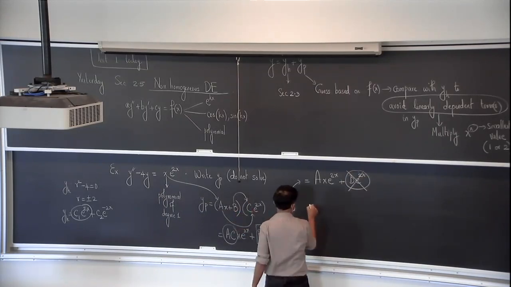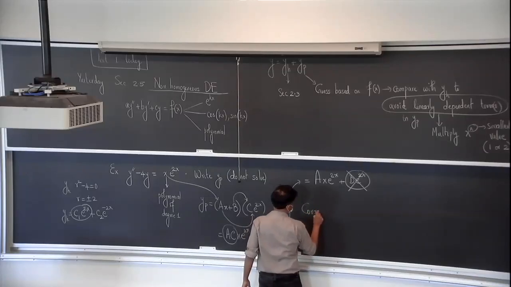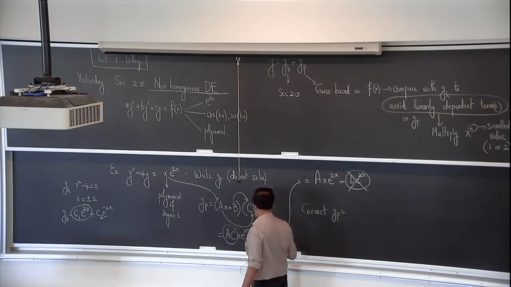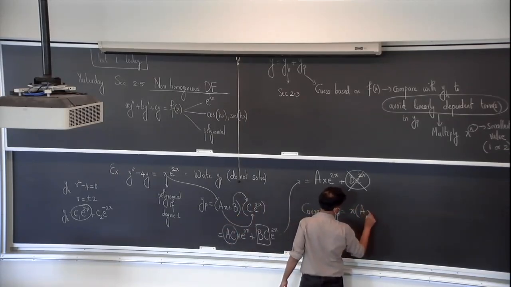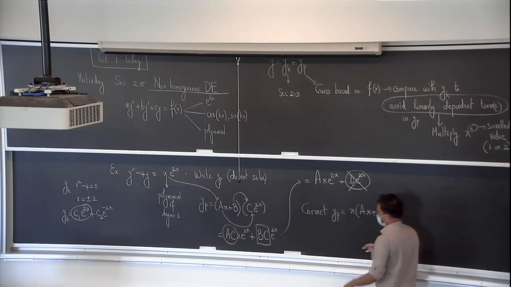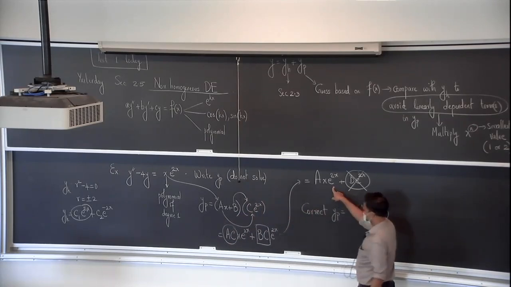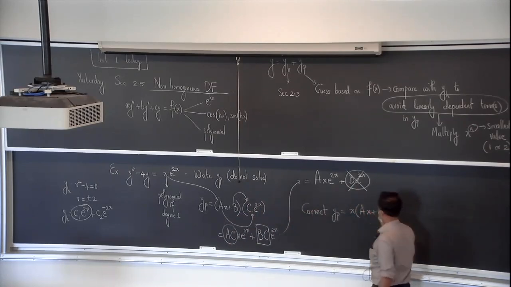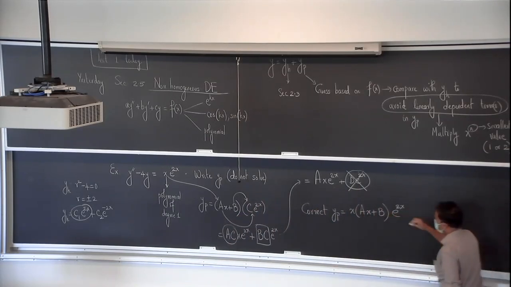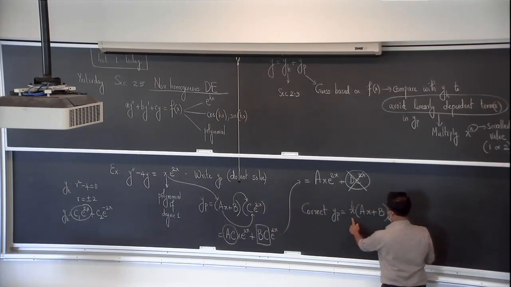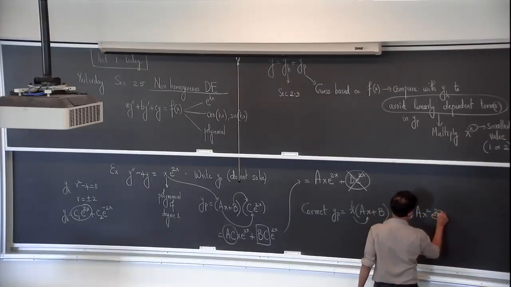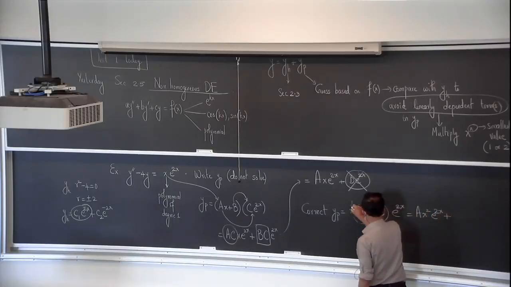So the correct YP, instead of ax plus b, is x times ax plus b, times, we don't need the extra constant because it gets absorbed into the first and second constants, e to the power of 2x. This extra x is going to save you, because now you have ax squared e to the 2x plus bx e to the 2x.